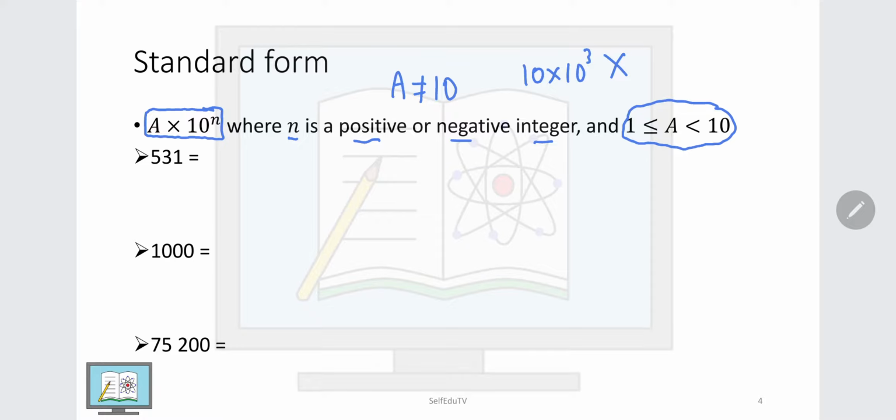Okay, so how do we express a number in standard form? Take a look at the first one, 531. We know that 531 is equal to 5.31 multiplied by 100, and we know that 100 is 10 to the power of 2.